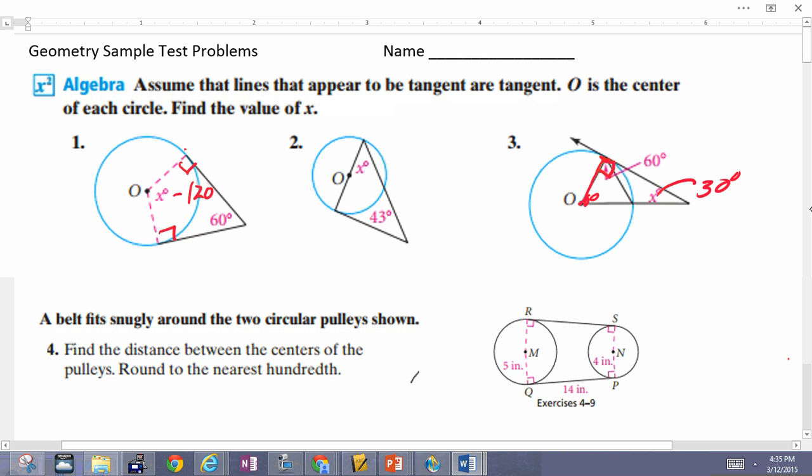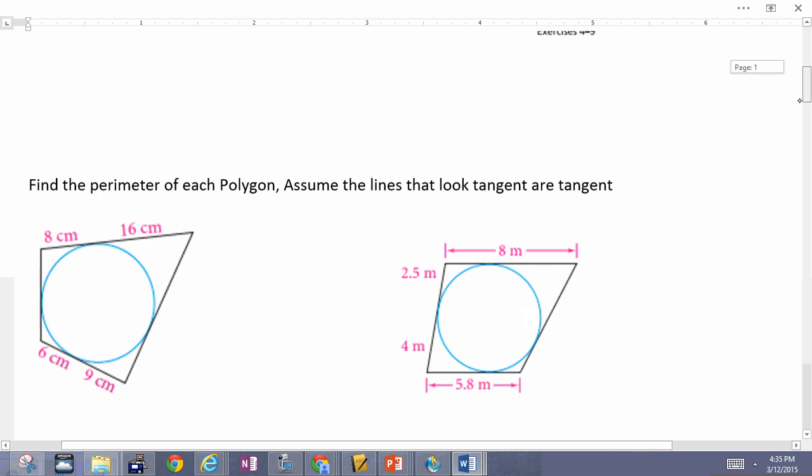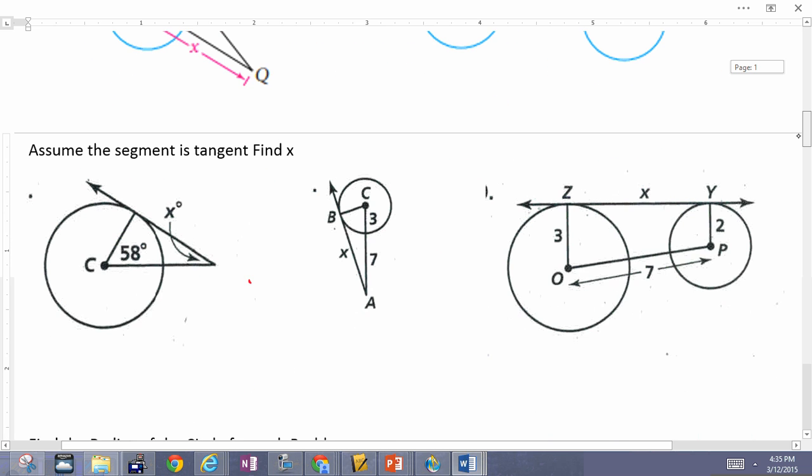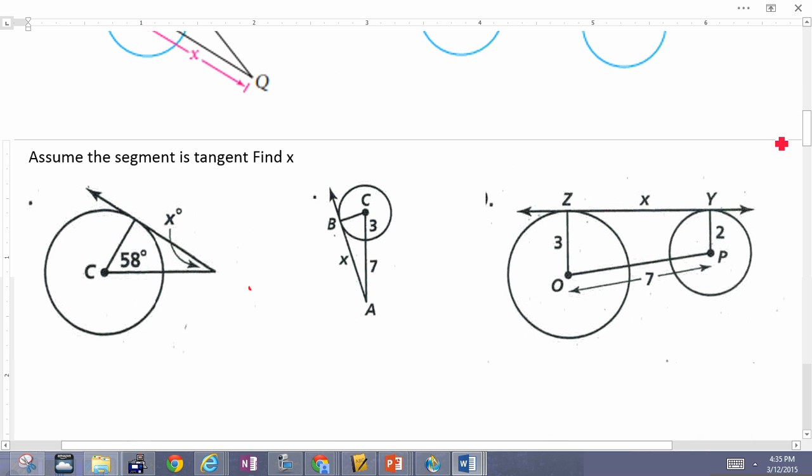Here's a problem. You got a couple of these. We're going to kind of come back to those with right here. Okay. So with these kind of problems, what you got to do is shift this distance between the two centers up parallel to itself. So that what we're looking at up here is a right triangle, because we take advantage of the tangent and the radius meeting at right angles.